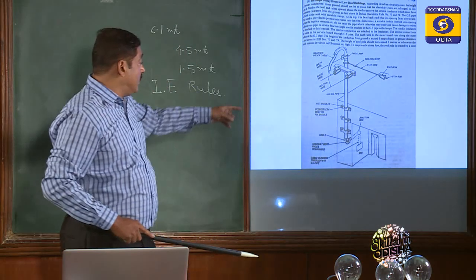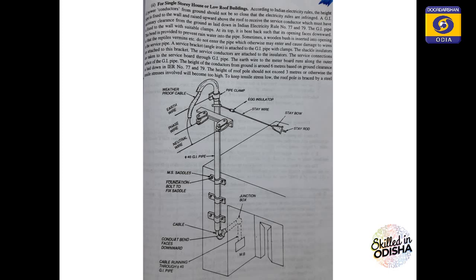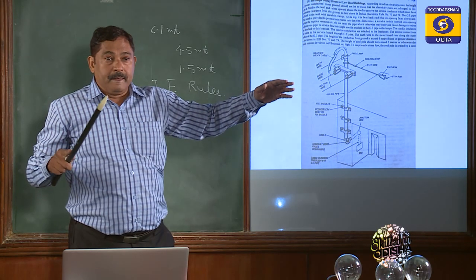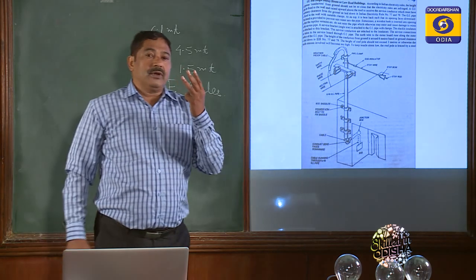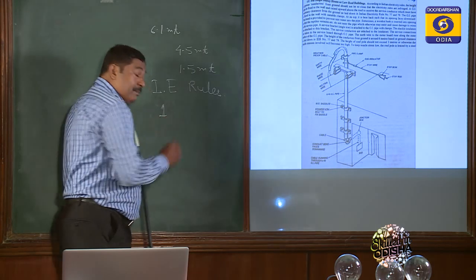So we have to go for a bare conductor with high tensile strength. It has to be strained, 8 gauge GI wire we use, because when the distance is high, the sag will be more. So there are 3 things we have to keep in mind while giving power supply to a household.